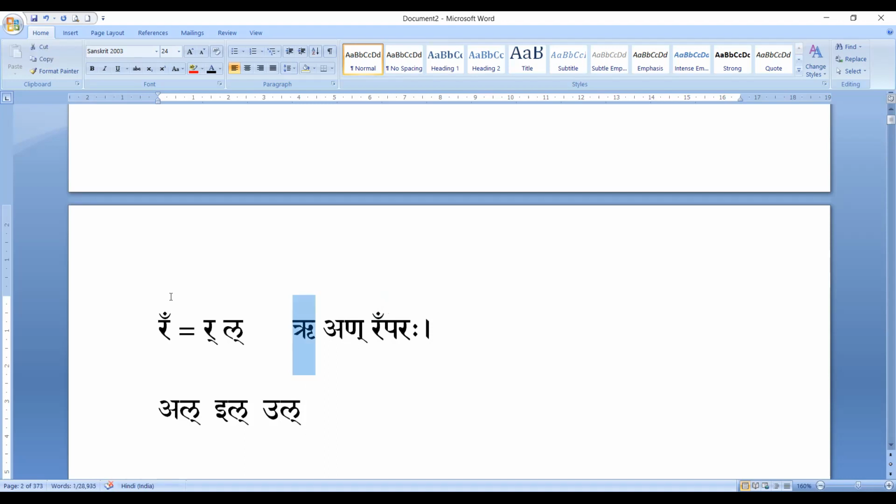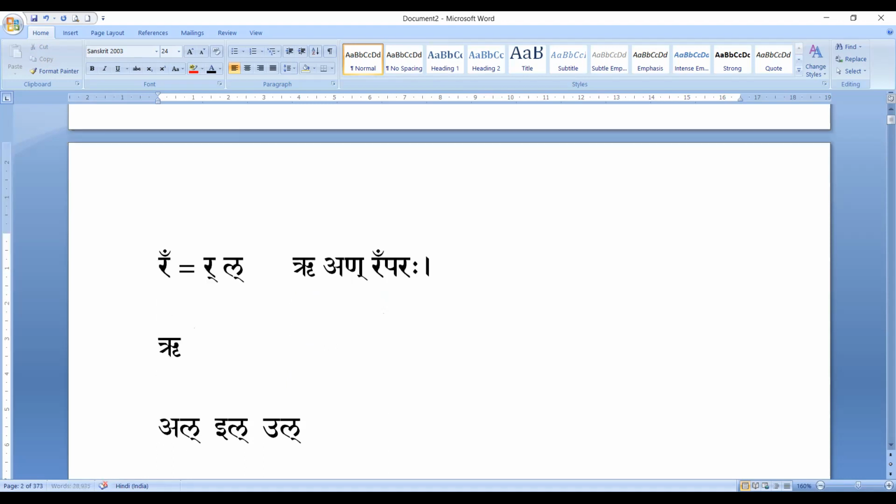Even though Rikara is said here in the Sutram, we can bring Likara also. Whenever Rikara is replaced by unlettered, Repa will be appended to it.